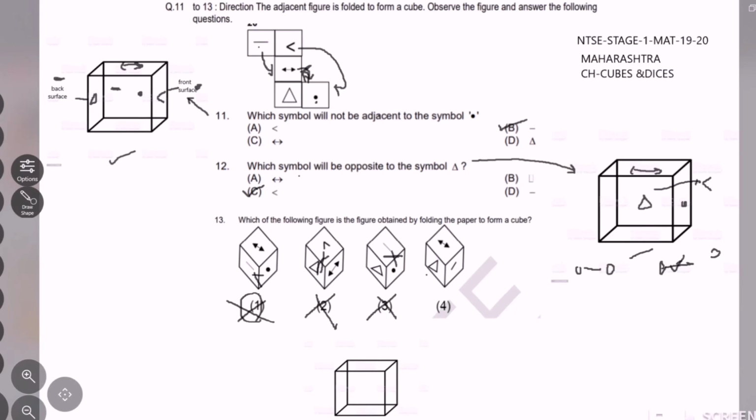Now let's look at the fourth option. The arrow here is adjacent to the dash when we fold it here, and it is also adjacent to the triangle, and these both will also be adjacent to each other because they'll be on adjacent sides. Hence option 4 is correct. I hope you understood well. Thank you.